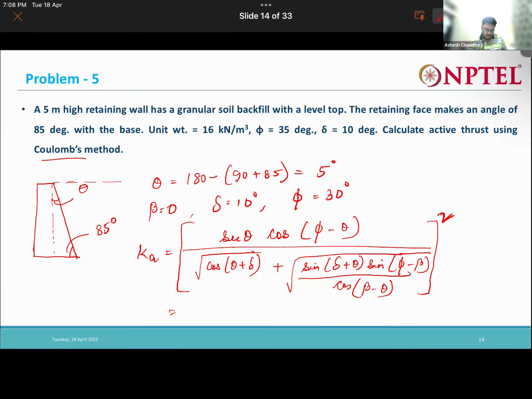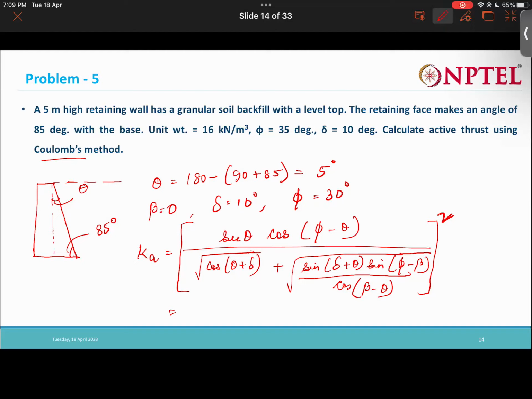Sin delta. I think I'm making some mistake.